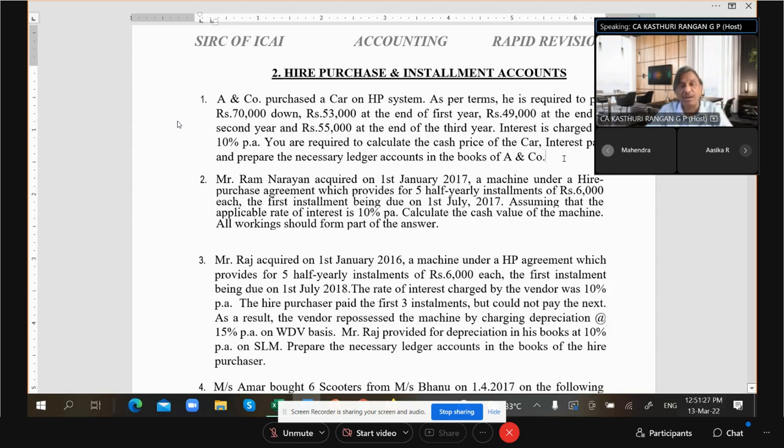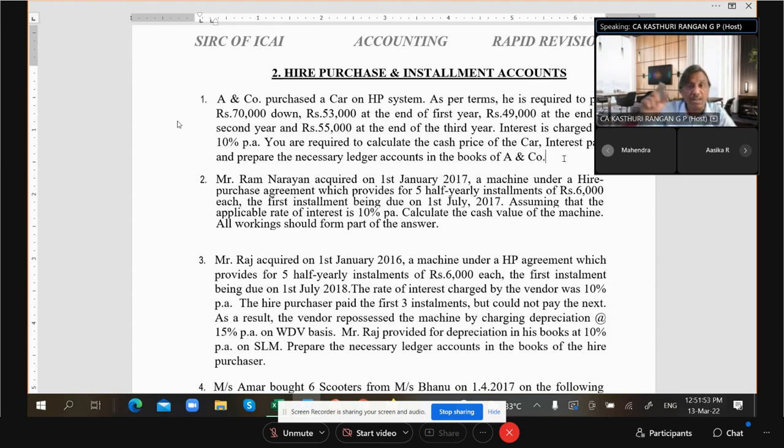But it appears not in every exam, but once in 2 exams, it will definitely come. For example, if it did not appear in November 21, it will surely appear in May 22. So you have to see whether there is a problem on HP in November 21 exam. If it is not there, then definitely you'll get a problem this time.